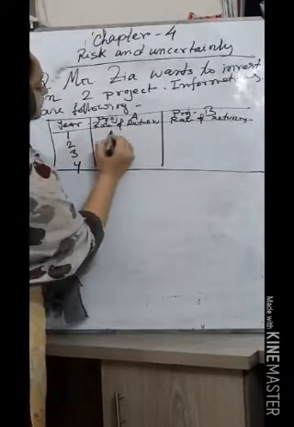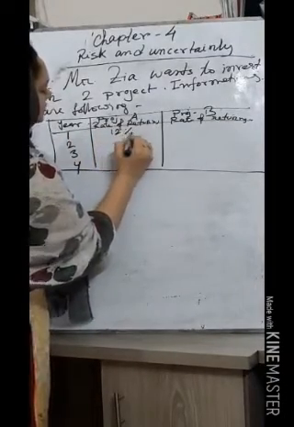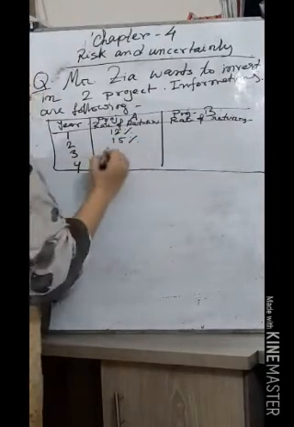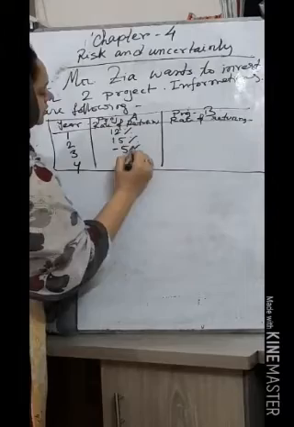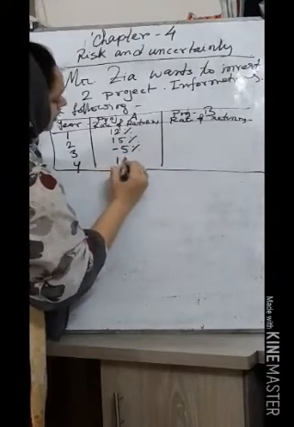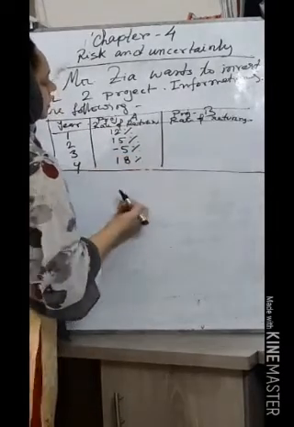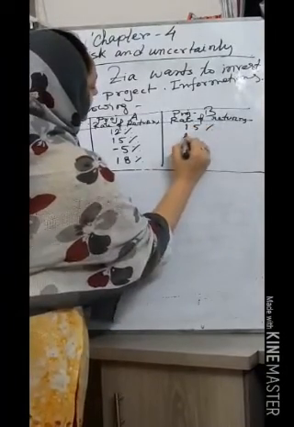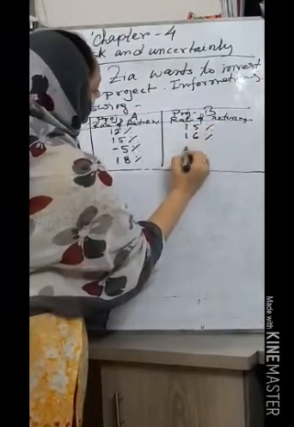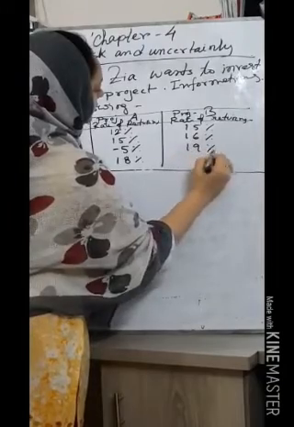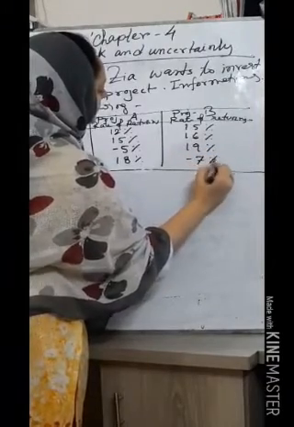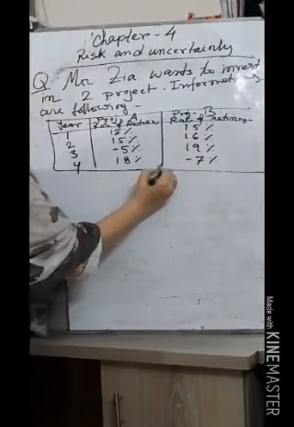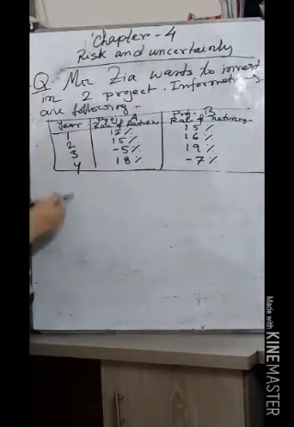Project A: 12%, then 15%, then -5%, then 18%. Project B: 15%, 16%, 19%, and -7%. It's a minus rate of return. This is the information and also the question.